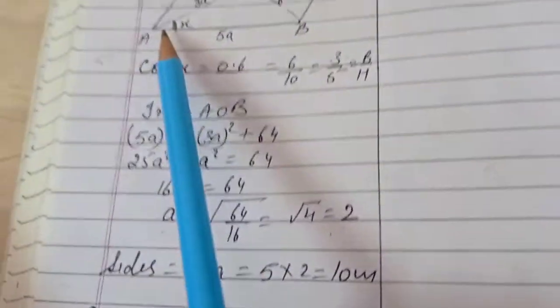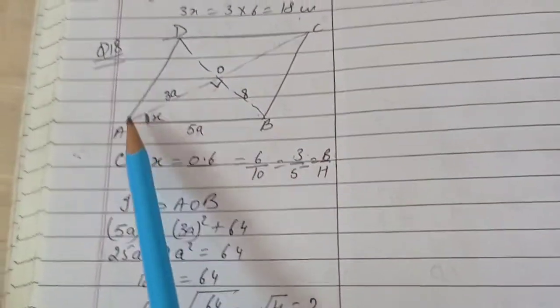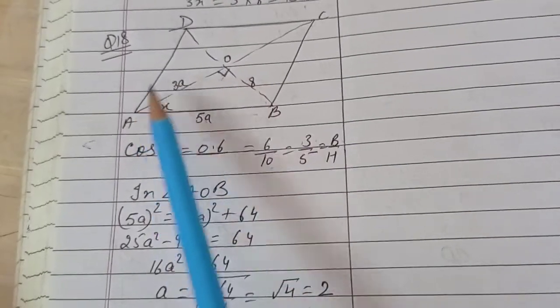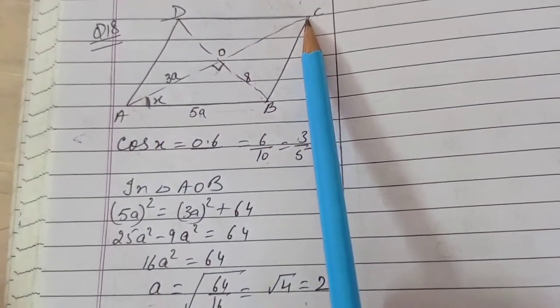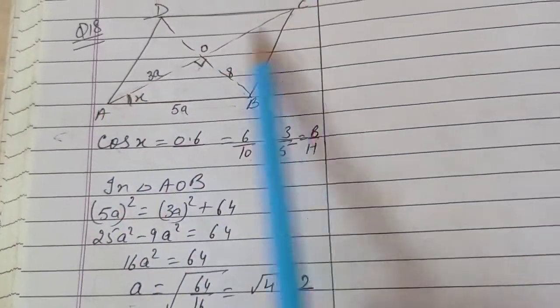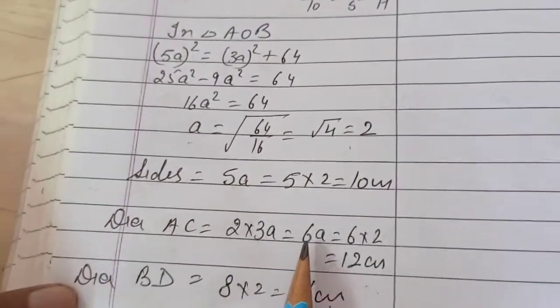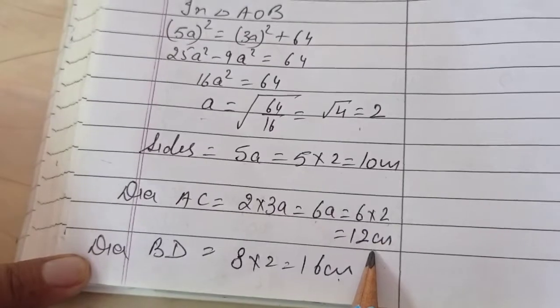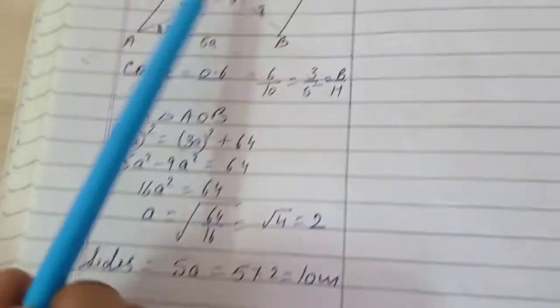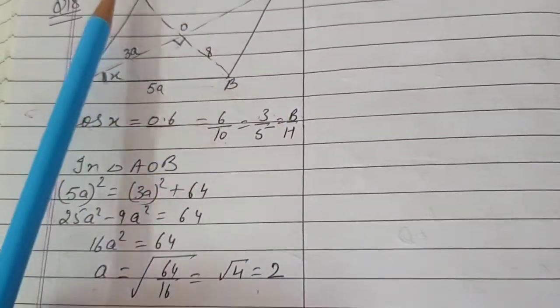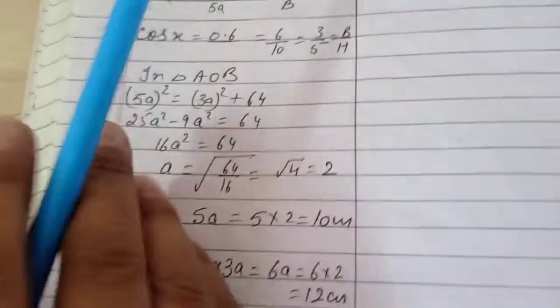Now what will be the diagonal AC? Look here, AC will be double of OA because diagonals of a rhombus bisect at 90 degrees. So what will be AC? Double of 3A, that means 6A, put the value, 12 centimeter, and diagonal BD, you know that OB is 8, so what will be BD? 16 centimeter.